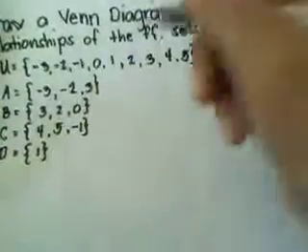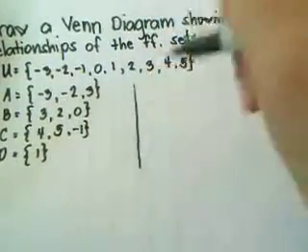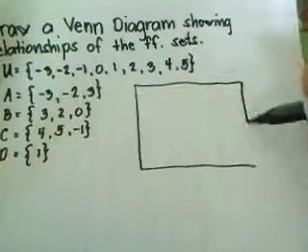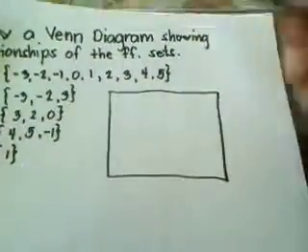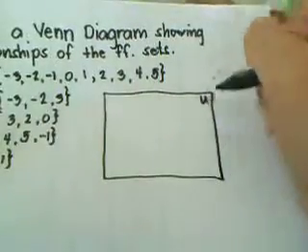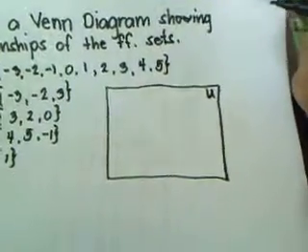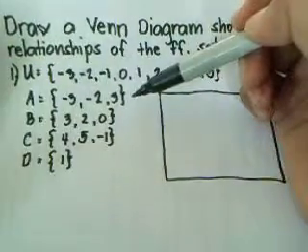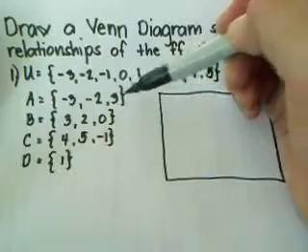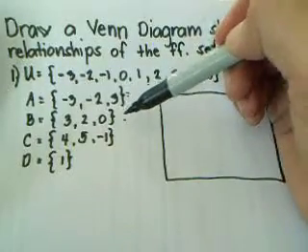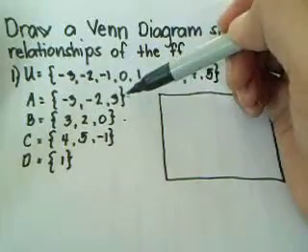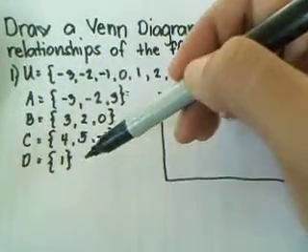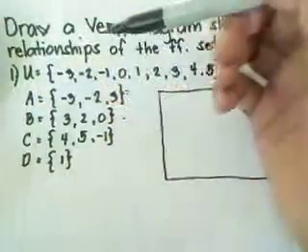So in making a Venn diagram, let us draw a bigger rectangle, and this one represents the universal set U. Then look for the relationship between A and B, wherein there could be elements that can be found in A and B, or C and D, or any of the subsets of U.